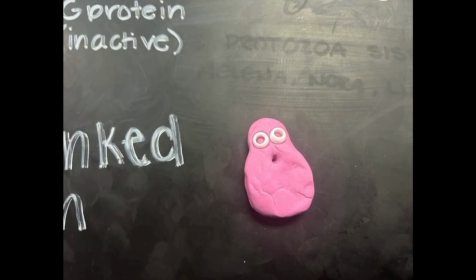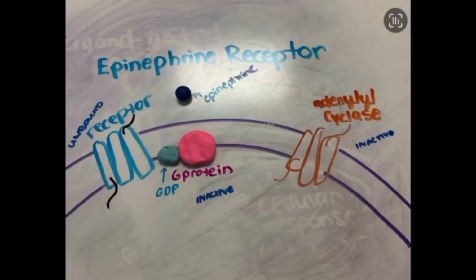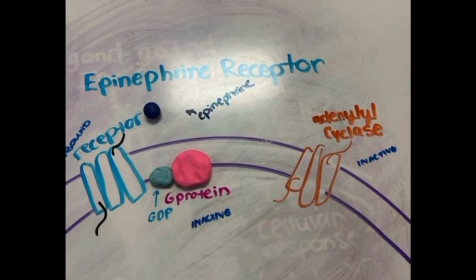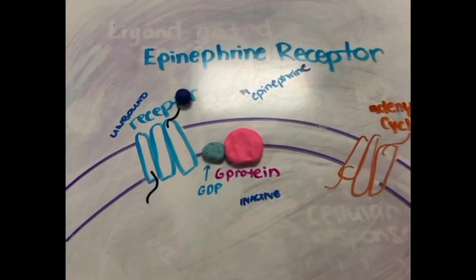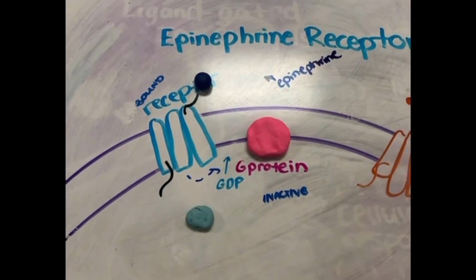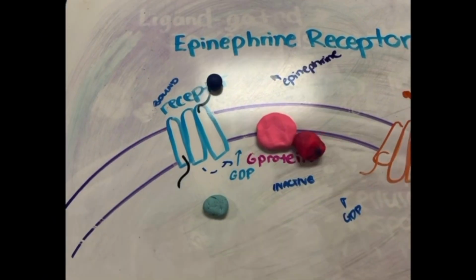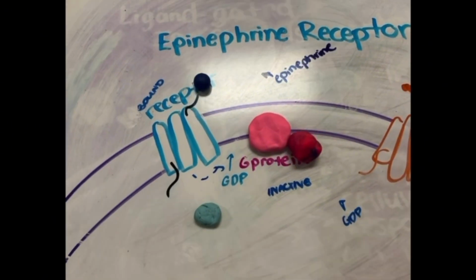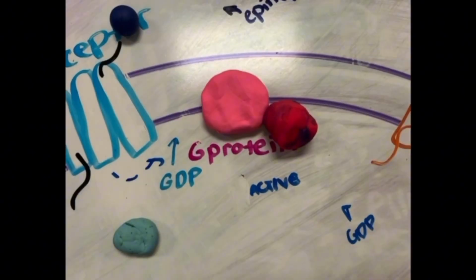Next, let's talk about the epinephrine pathway. Epinephrine, also known as adrenaline, is a hormone and neurotransmitter that plays a crucial role in the body's fight or flight response. In this process, epinephrine binds to G protein-coupled receptors on the cell surface. This kicks off a chain reaction. Once it binds, the G protein splits into two parts, alpha and beta gamma subunits.